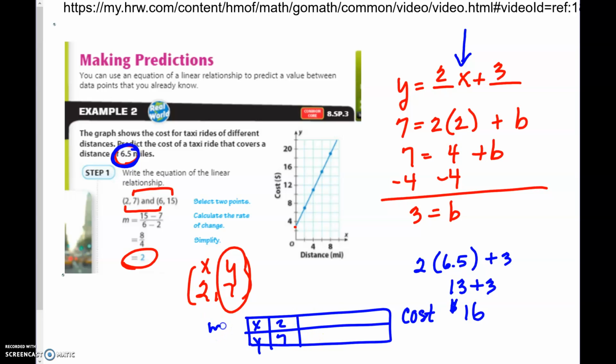So this one is miles, and this is your cost. Another ordered pair they gave you is if you go 6 miles, your cost would be $15. Well, what we just found out here is if you went 6.5 miles, your cost would be 16. So basically, we're just making a chart.